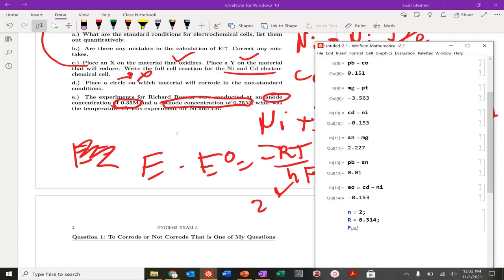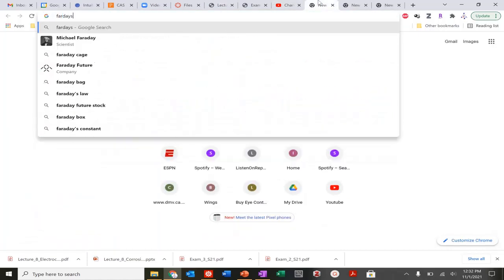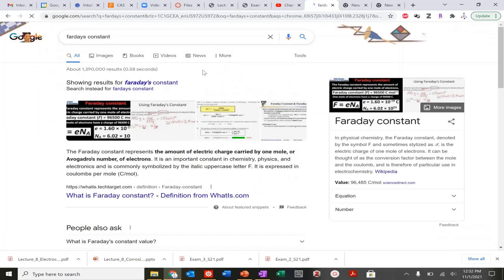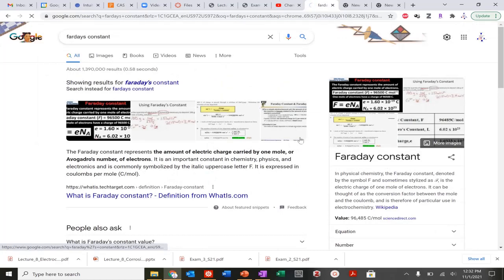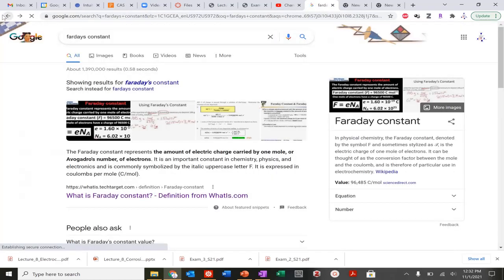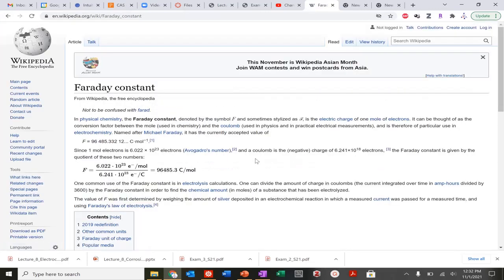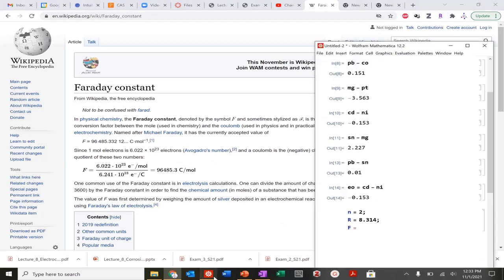And for F, Faraday's constant, let's go ahead and look at that. I think it's 96485. We'll make sure. Yep, 96485. See, the memory's still there, but I wanted to make sure. You could do unit analysis to make sure that's the case.